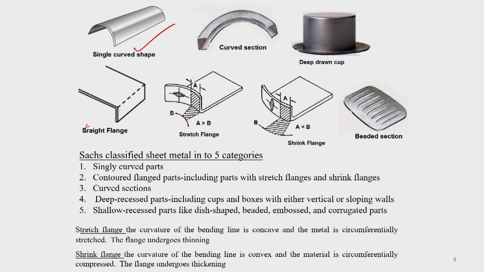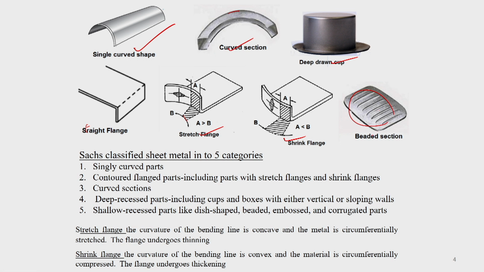Then there are the curved sections, maybe like a channel you are getting curved and other things. Some part will be stretched, some part may be shrunk, and those types of things will happen. Then there are shallow recessed parts like dish shaped or beaded sections or embossed or corrugated sections.